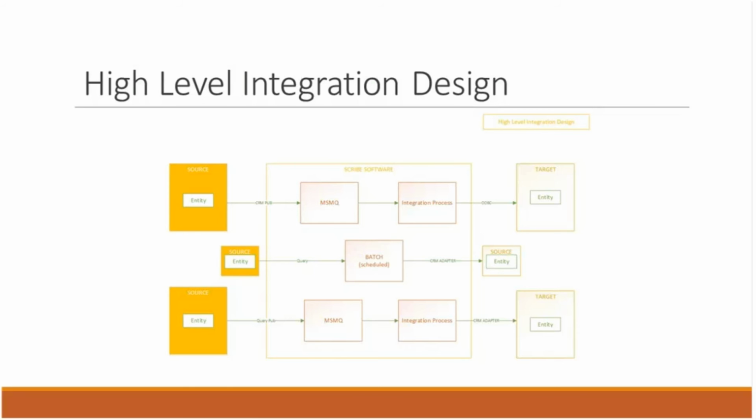Now in the upper left corner you see a source. You see a line that says CRM pub. So the publisher will take changes from the source, publish them in a message queue, and from that the integration process picks it up from the message queue and, through a connection, in this example an ODBC, it will update the target.